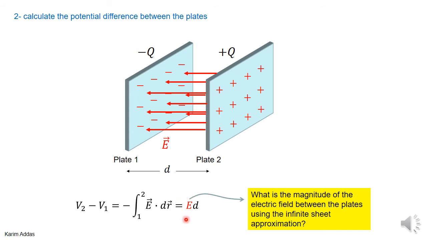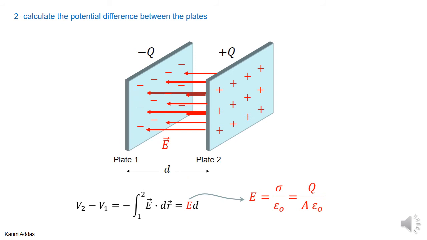Okay, and also before in the chapter on Gauss's law we found what the electric field was between two infinite sheets, one with charge plus Q and one with charge minus Q. So can you remember what the electric field was in this region? The electric field was sigma over epsilon naught.